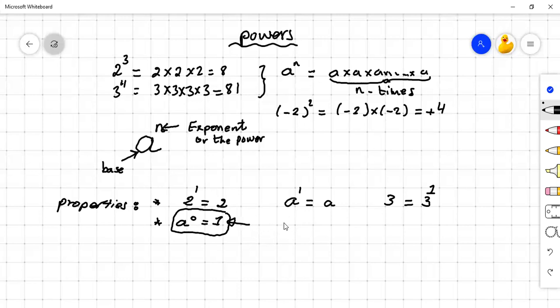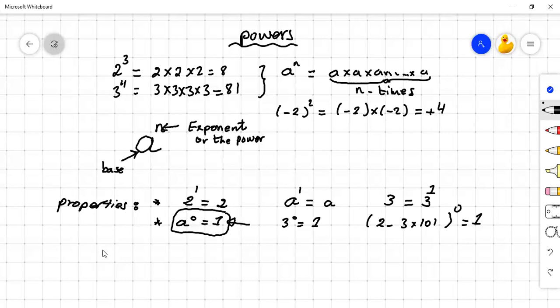For example, 3 exponent 0 is equal to 1. Another example, if we have 2 minus 3 times 101, all of that exponent 0, we haven't calculated the number inside the bracket, since it's raised to power 0, and everything raised to power 0 is equal to 1.